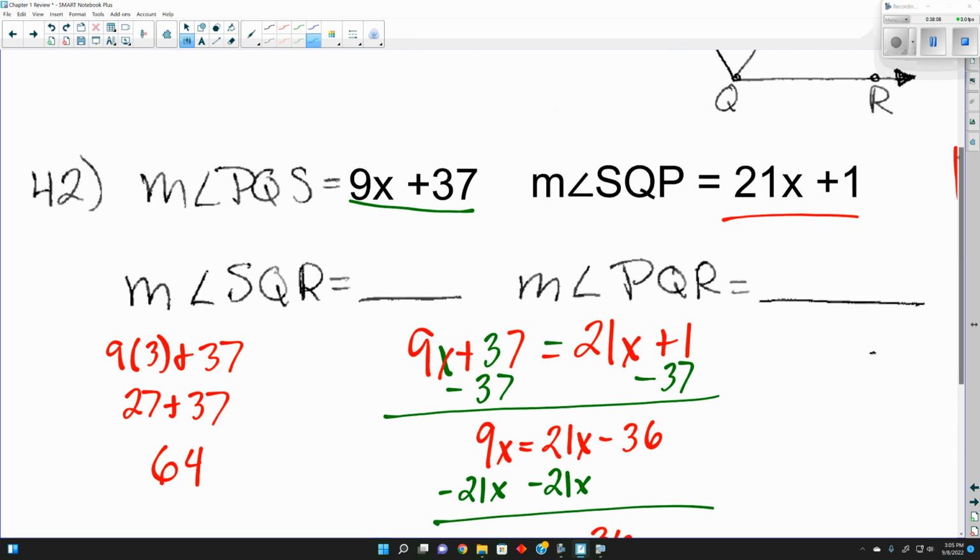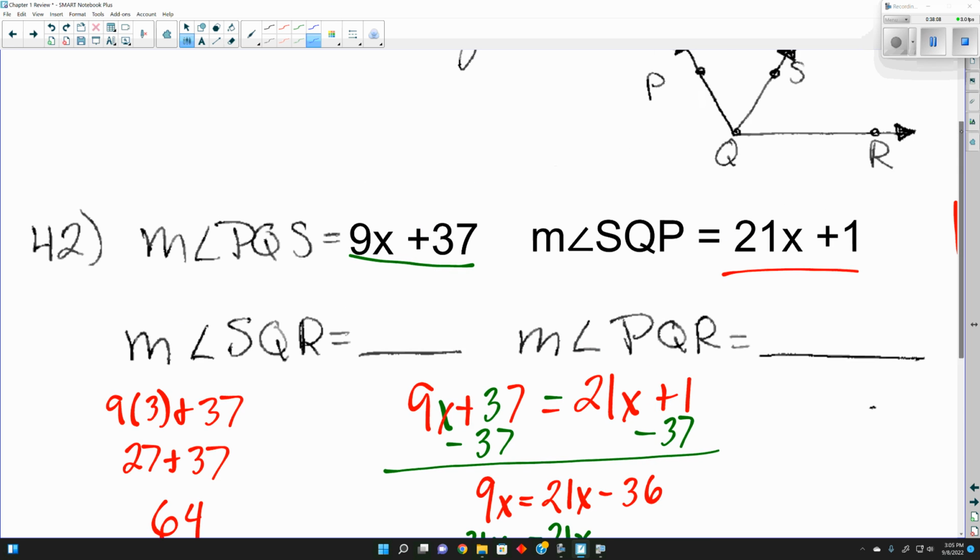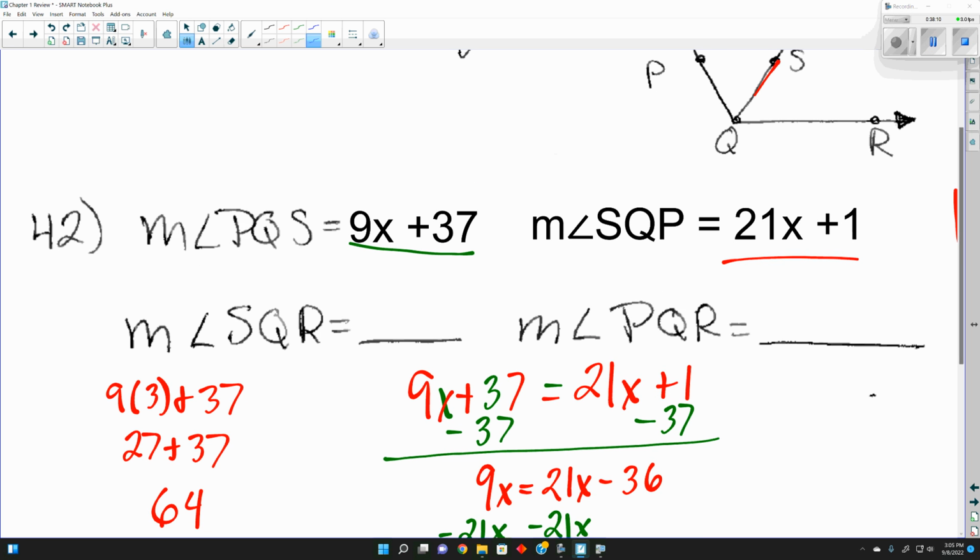Now what is it asking for? PQS. So SQR, one of the parts, which we found is 64. PQR, the whole thing, well, this is 67, this is 67. 64, sorry. I spaced out apparently for a second and wrote 67.